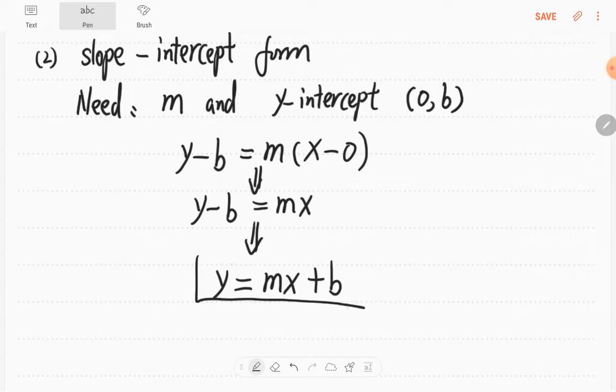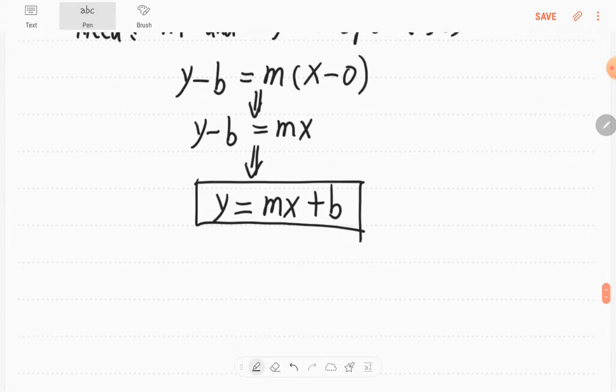So this is called the slope intercept form. And here m represents the slope, and b is the y-intercept, right? This is called the slope intercept form.